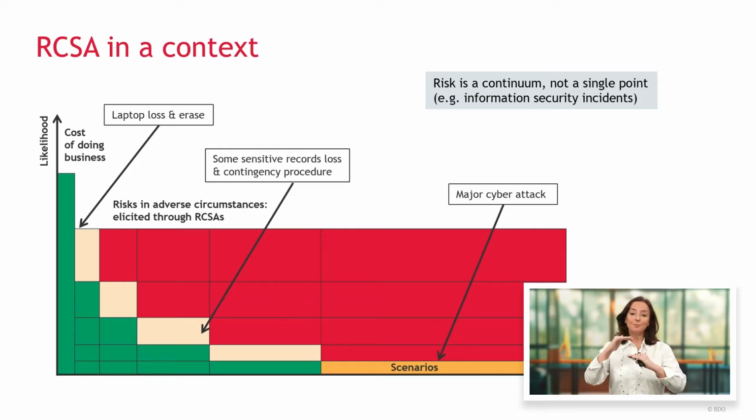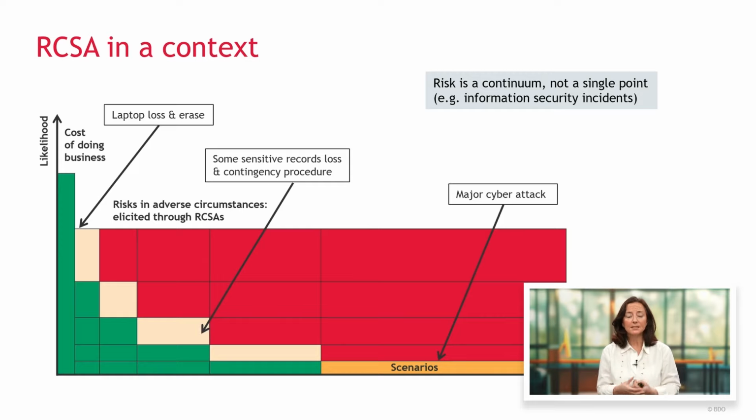And if you think of the probabilities, you know that the risk in the green zone here, the cost of doing business, is almost 100% likelihood. So these are bands of very likely events that are wide, when the scenario is really a thin line. So it helps to represent your matrix where the impacts and the likelihood are in width and size roughly proportionate to the numbers they represent.